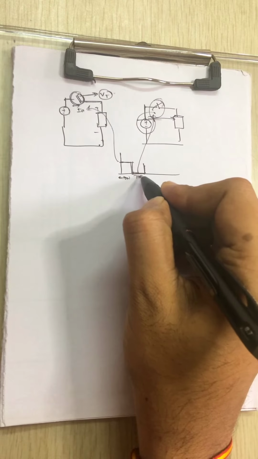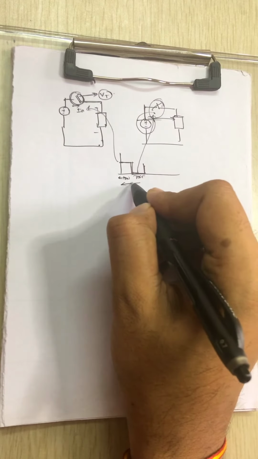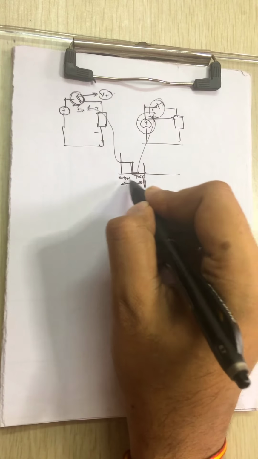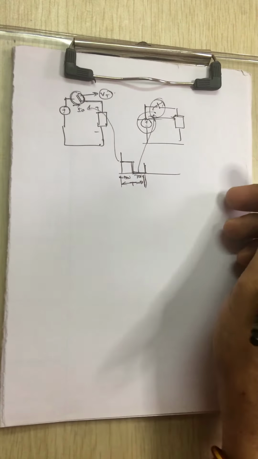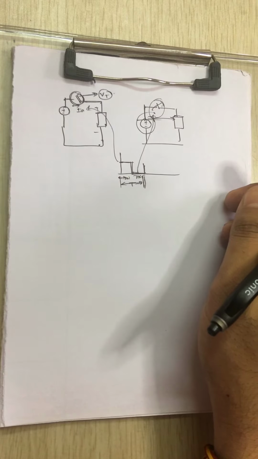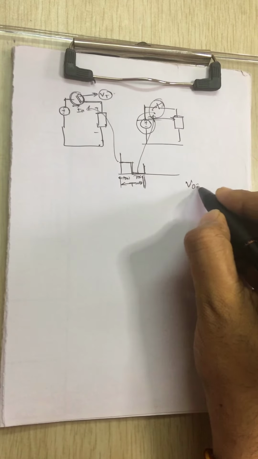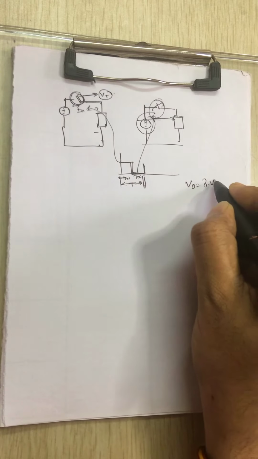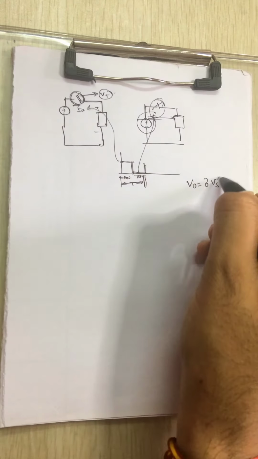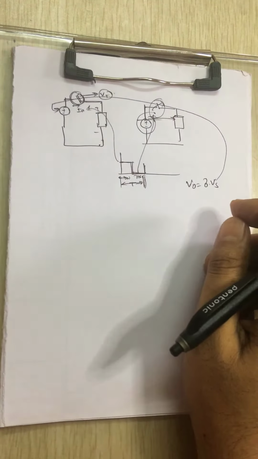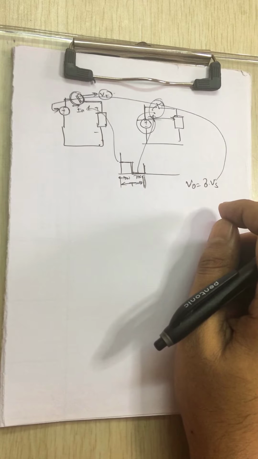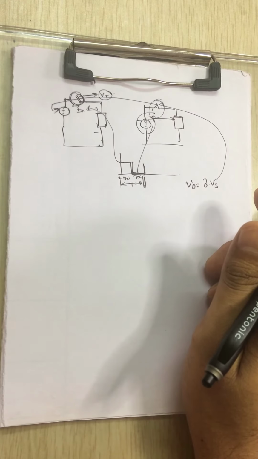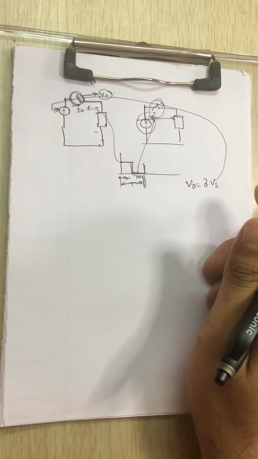T on and T off together give one complete time period. Yesterday we also derived the output voltage function, V output equals delta into Vs, where Vs is the input voltage which you are applying to the converter.